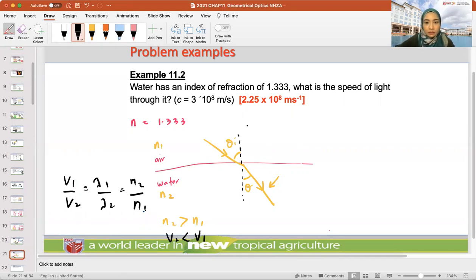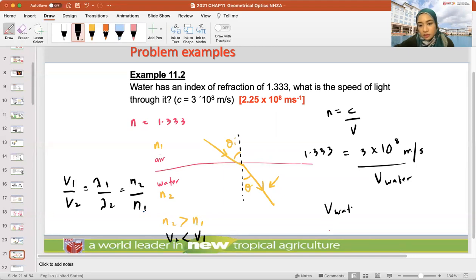Speed of light. So how do we do this one? We know that n is equal to c over v. Can we use this information? So n is 1.333, and the speed of light is 3 times 10 to the 8 meters per second over v, which is the speed of light in water.